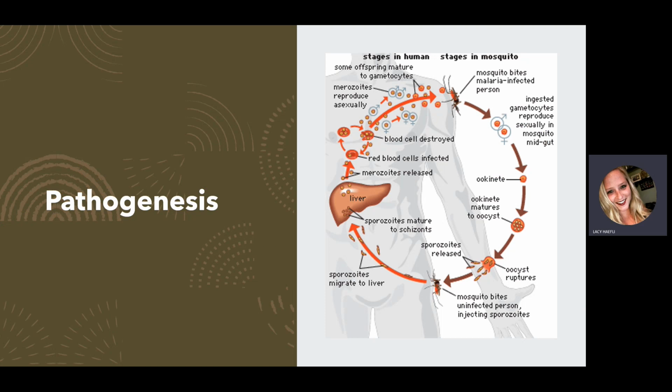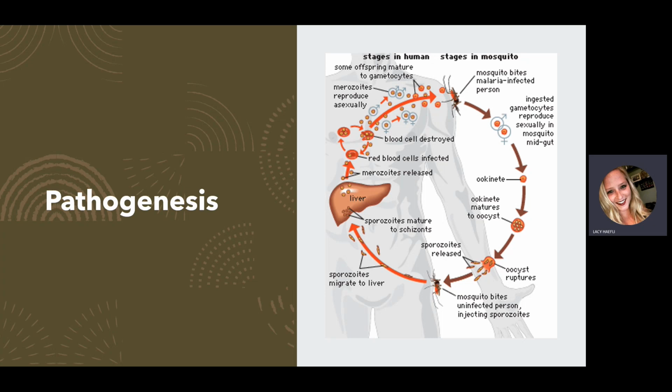So the pathogenesis. All of the varieties of Plasmodium parasites that infect humans are spread through the bite of infected female mosquitoes. This happens when they feed on humans to nourish their eggs by injecting sporozoites into the bloodstream of the human.